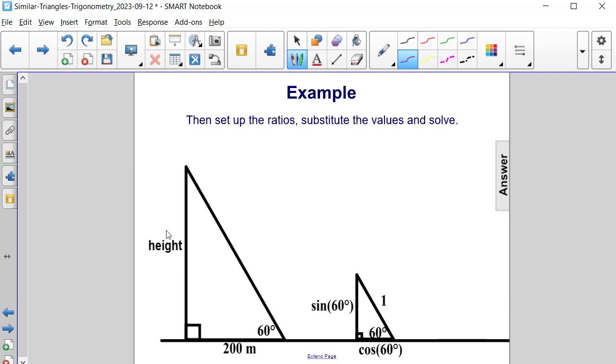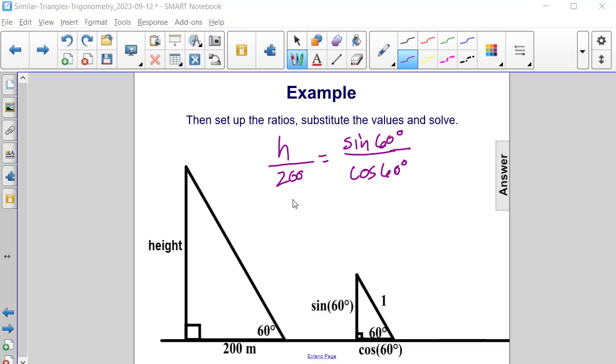So we have the height, h, which is unknown, over its horizontal 200, and that is equal to the vertical here, which is sine of 60, over the cosine of 60 degrees. So we did height to horizontal, height to horizontal.